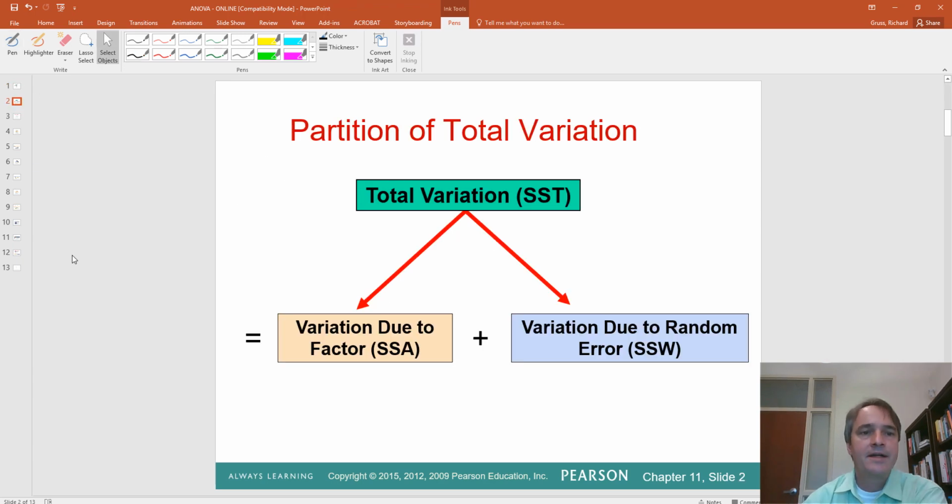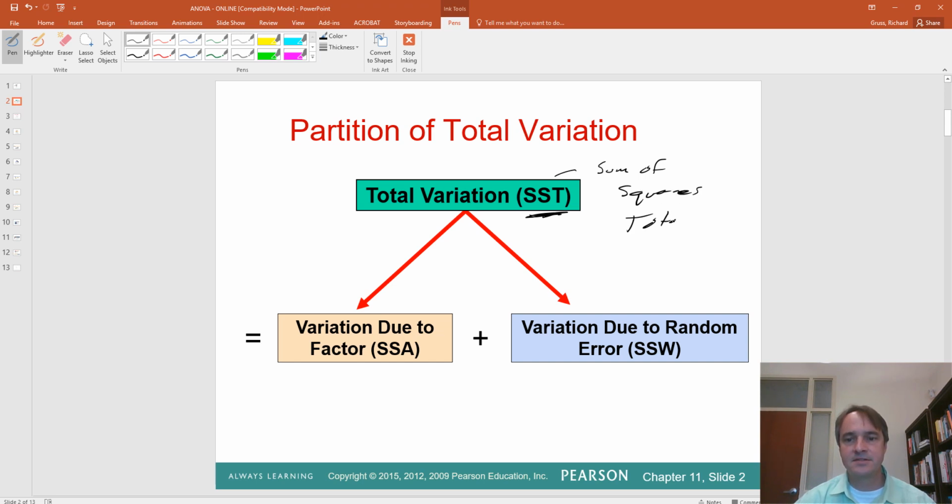That's what we're doing. We're partitioning the variation, and we're going to call the total variability SST, which stands for sum of squares total.